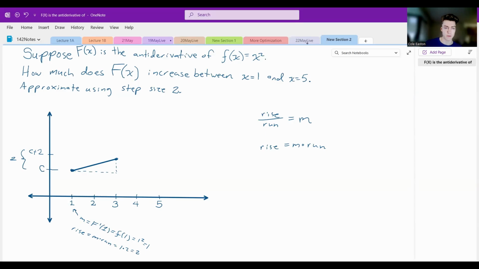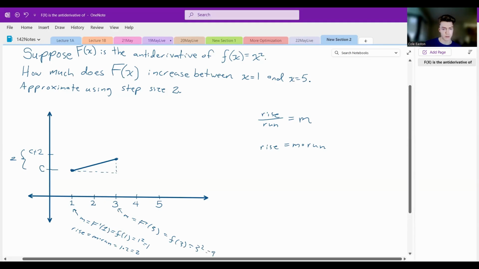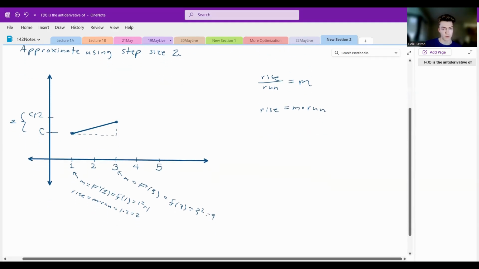Now we need to do the same thing starting at the endpoint of this first line segment, and that is x equals 3. So we're going to say n equals f prime of 3, which is little f of 3, which is 3 squared, which is 9. What does that mean? Well, that means that our rise over our next interval is n times run, which is 9 times 2, which is 18.